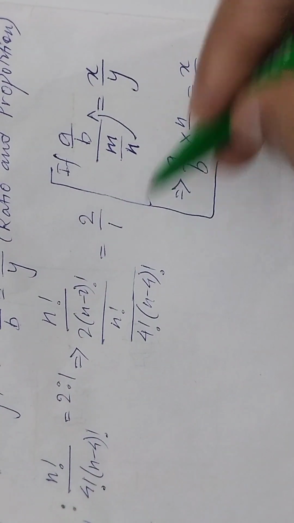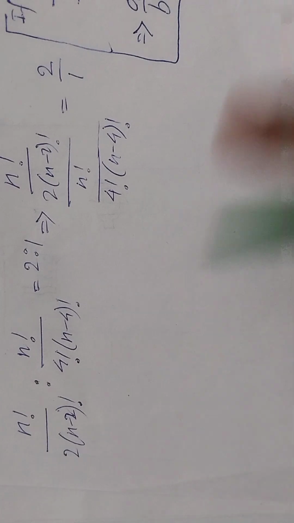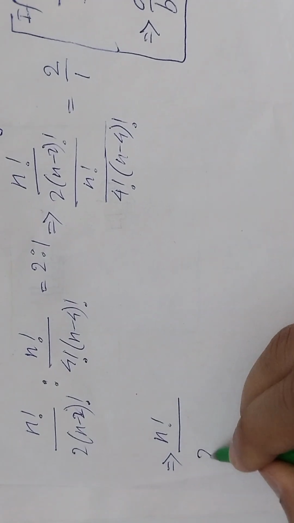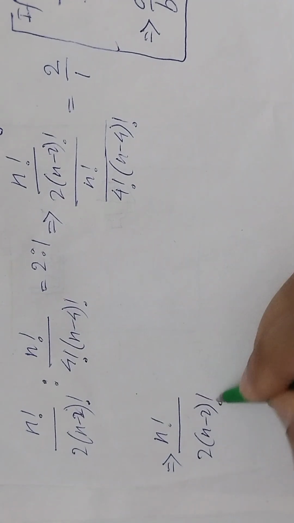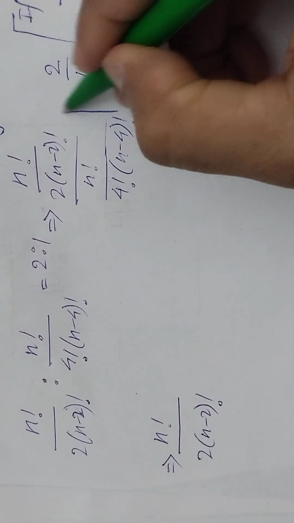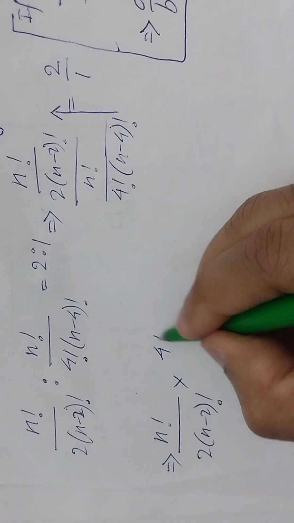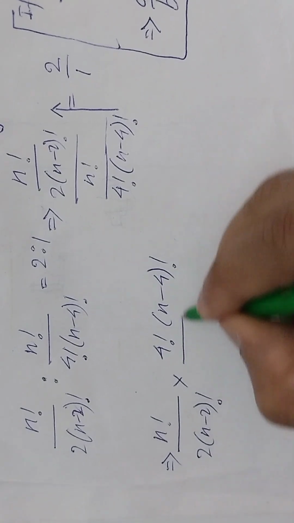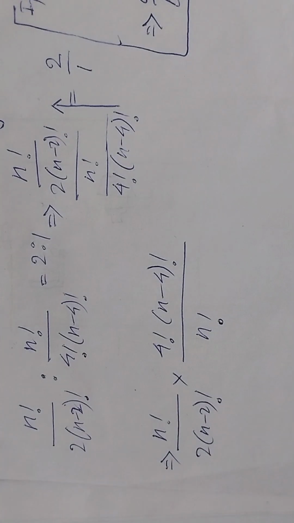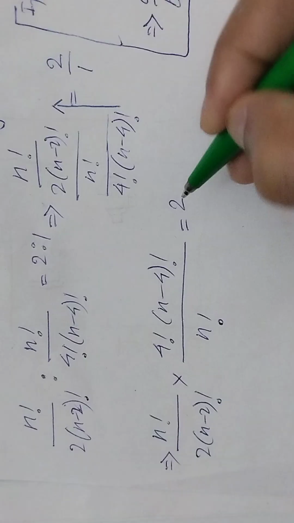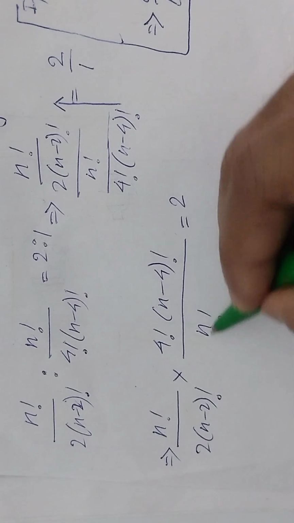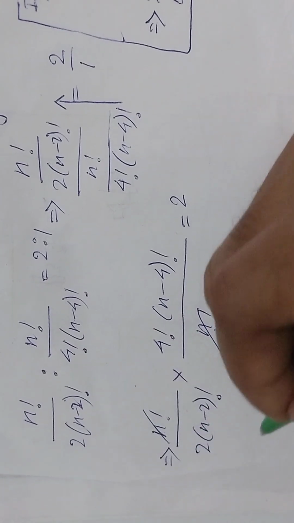So we use this rule here: n factorial divided by 2 into (n minus 2) factorial, and this one goes up, so we write it as 4 factorial into (n minus 4) factorial divided by n factorial, which is equal to 2. Now you see n factorial on top and n factorial on bottom, we cancel out to make it easier.